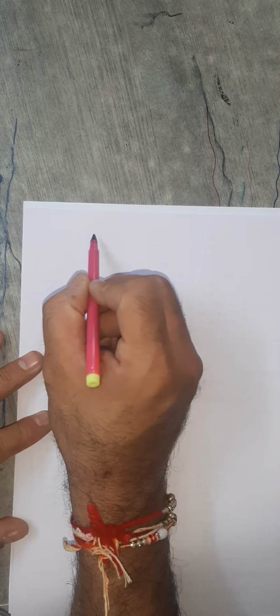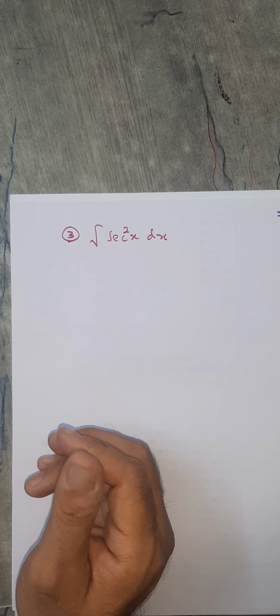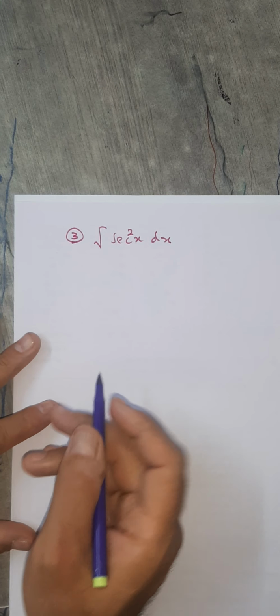Let's write one more example here, the third one. Integral of sec square x. What's the meaning of this? That means you find one function whose derivative is sec square x. So you know the corresponding function is tan x. What's the derivative of tan x?